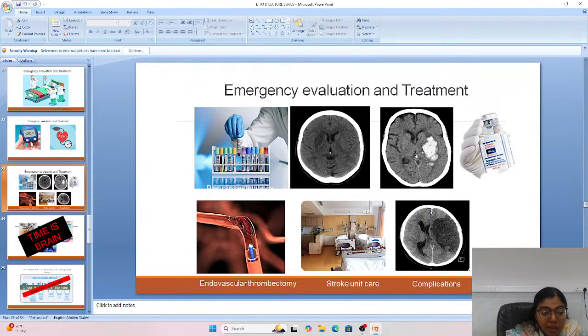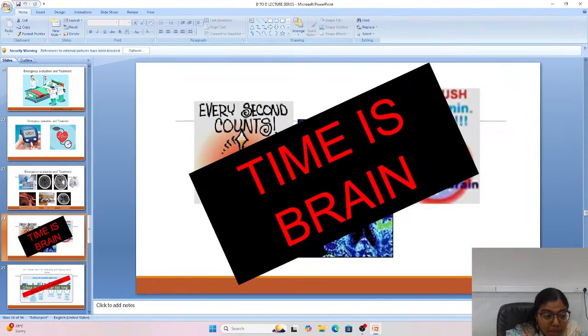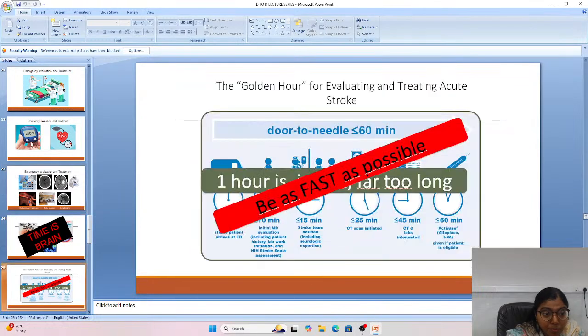The patient needs to be taken care of in the stroke care unit, and at the same time we need to look for complications which can arise from the stroke. So time is brain. Every hour is important. We have to be as fast as possible in the management of a stroke.